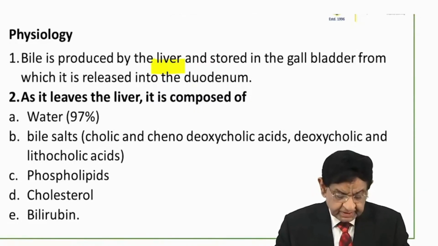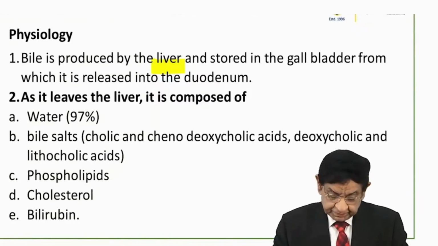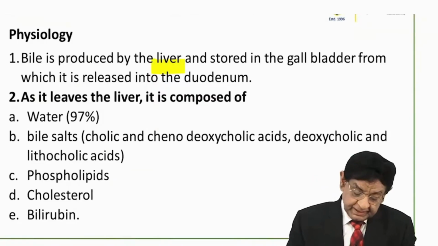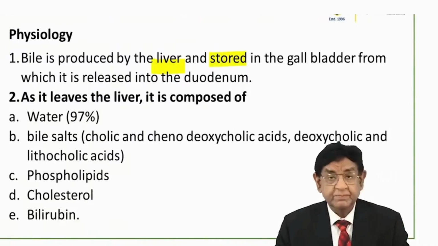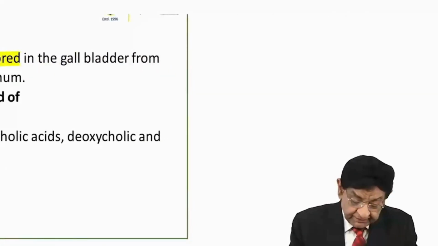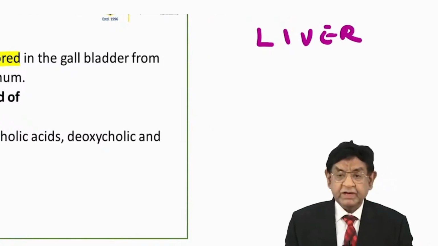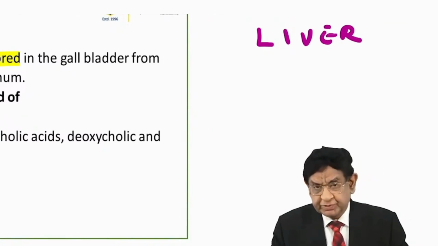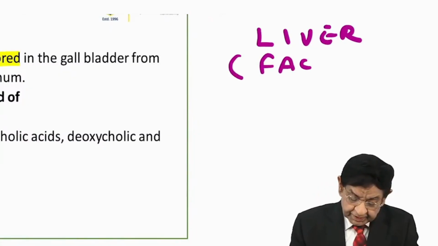As of now, bile is produced by the liver, and it is stored in the gallbladder. Point to be noted: the liver is the site of formation. Or if I have to give you a day-to-day example, the liver is a factory where things are getting manufactured.